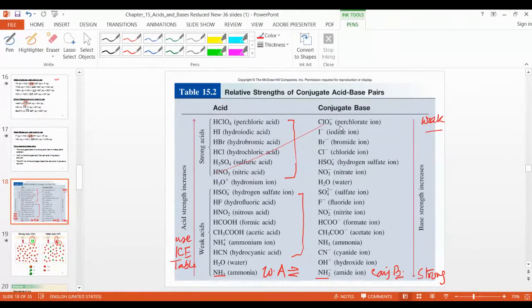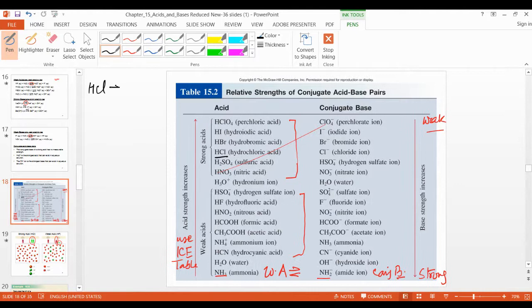I will take an example here. Suppose I take HCl. HCl is a strong acid. So now you will get H plus and Cl minus.